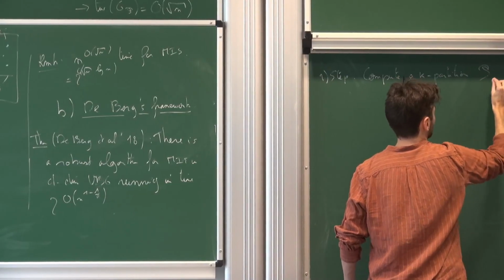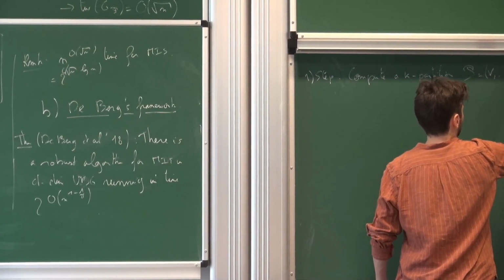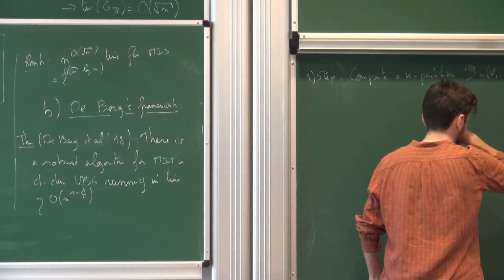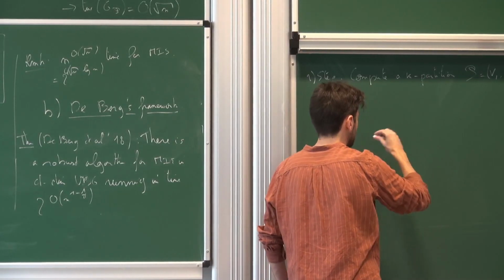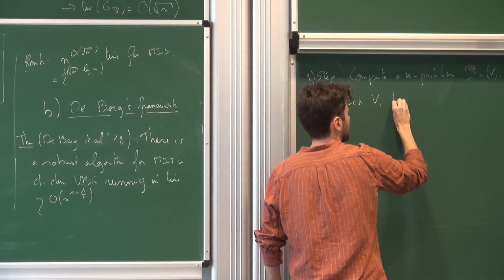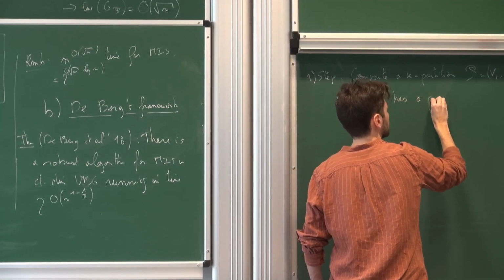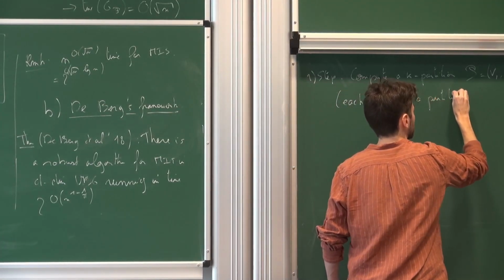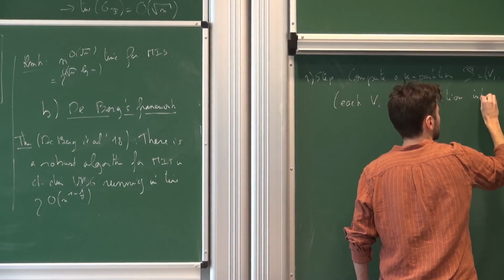So P1 to Pt. So it means that each Vi has a partition into kappa cliques.